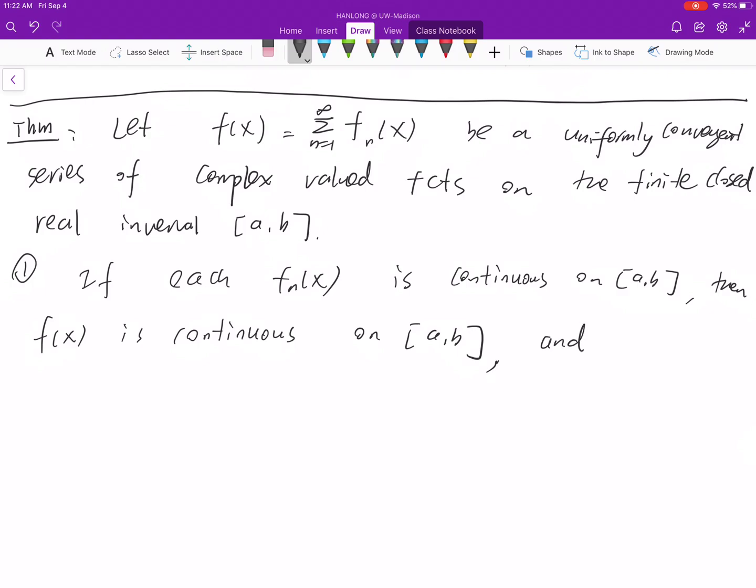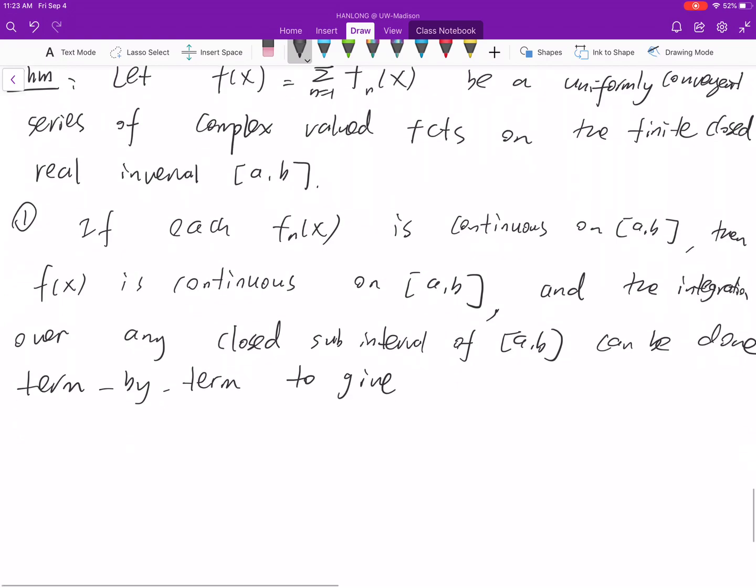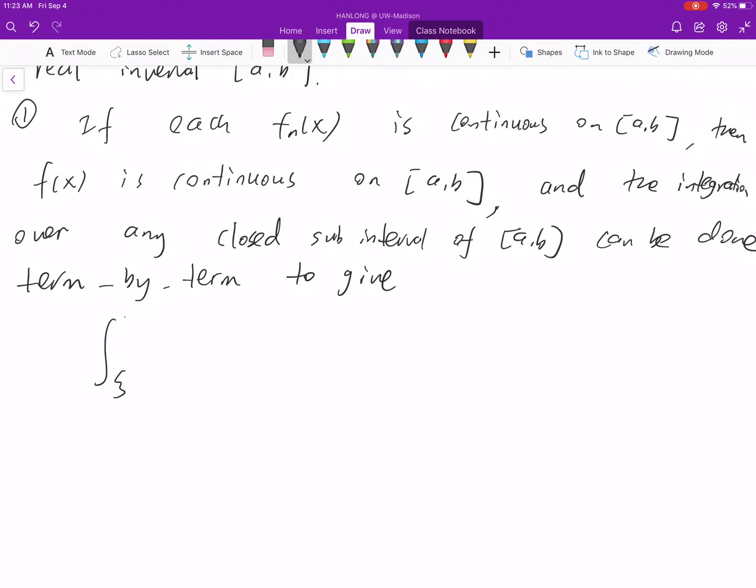And so under the same condition, f is continuous. And the integration over any closed subinterval of [a,b] can be done term by term to give the integral from c to eta of f(x) dx equals.